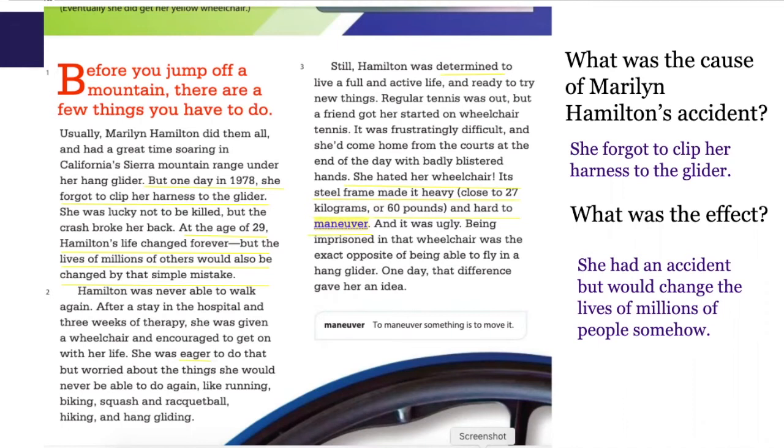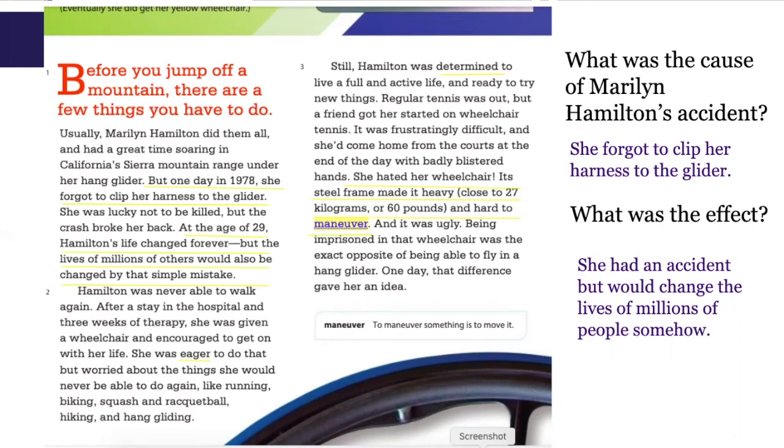I noticed that the word maneuver is highlighted. This tells me there is a footnote that tells me what this word means. We have also learned about context clues this morning. If there wasn't a footnote provided, what word or phrase could help me to determine the meaning of maneuver? Heavy is one of our clues.